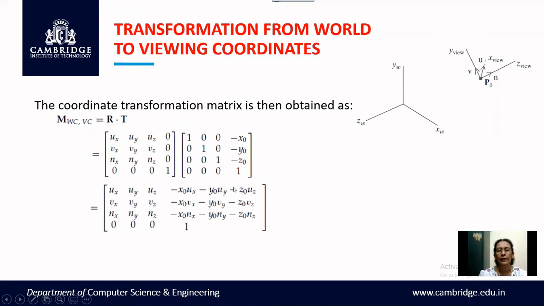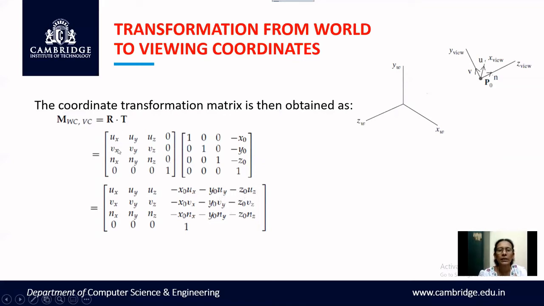Okay, and now when you come to this component, first row, fourth column, it is ux into minus x0, that is minus x0 ux, plus uy into minus y0, that is minus y0 uy, plus uz into minus z0, that is minus z0 uz, plus 0 into 1, 0. So you get the term as minus x0 ux, minus y0 uy, minus z0 uz.